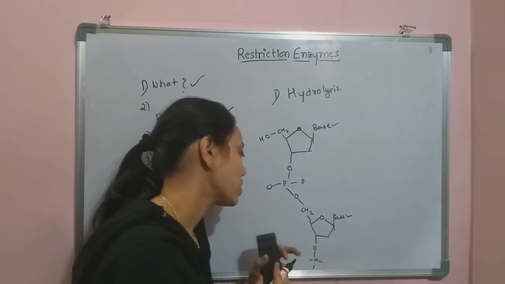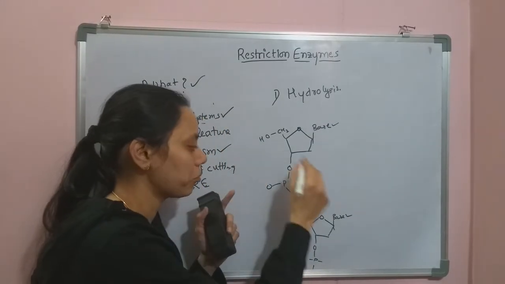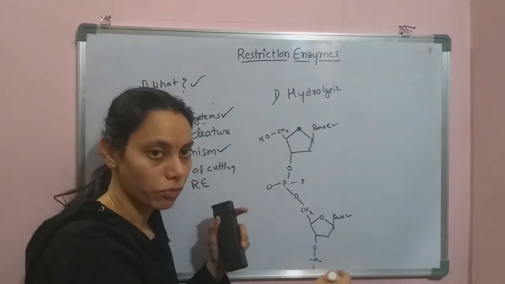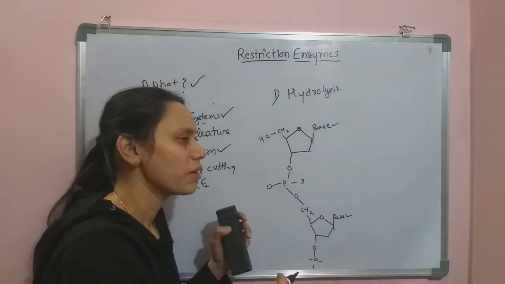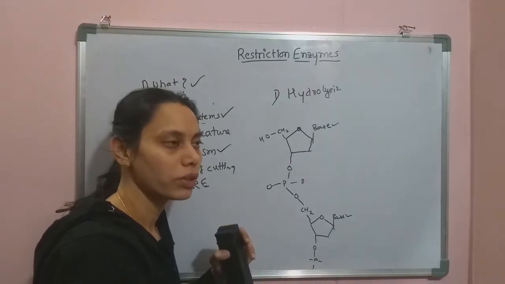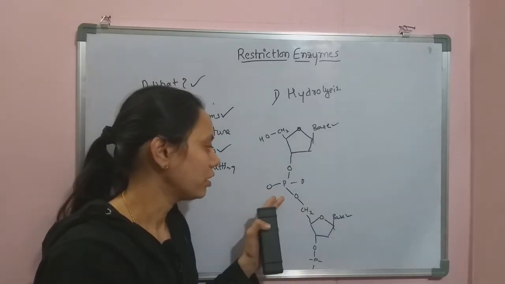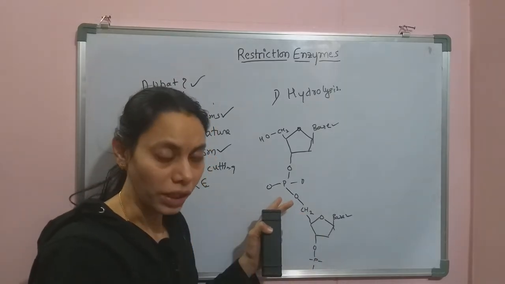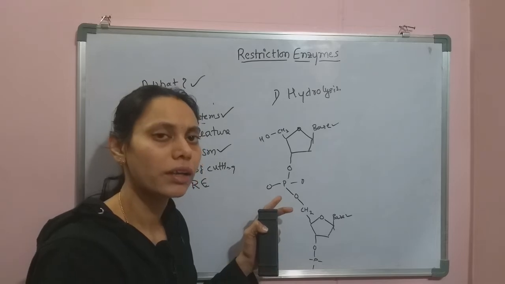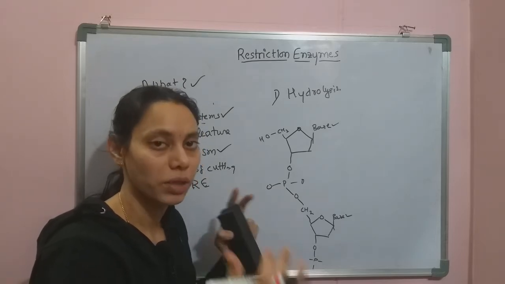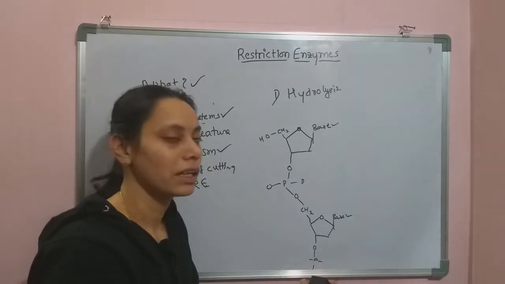So here generally restriction enzymes go and bind with this skeleton of the DNA, and once this nucleophilic attack has been carried out, they may form an intermediate, or they may directly cut without making an intermediate structure with this DNA.